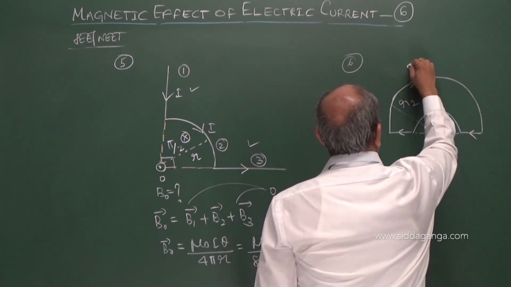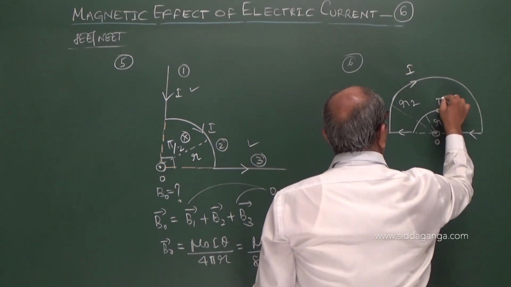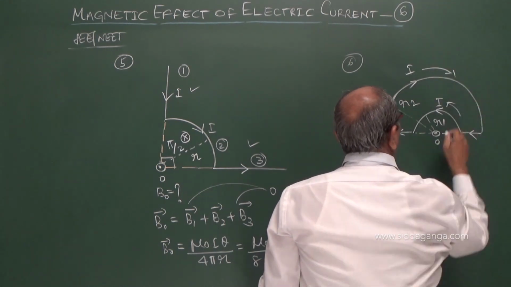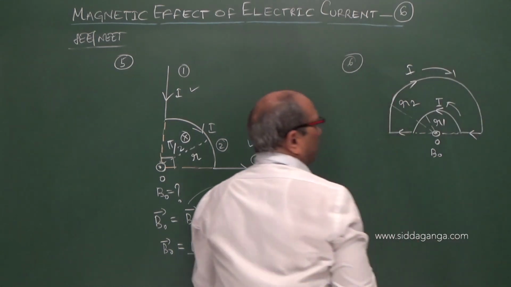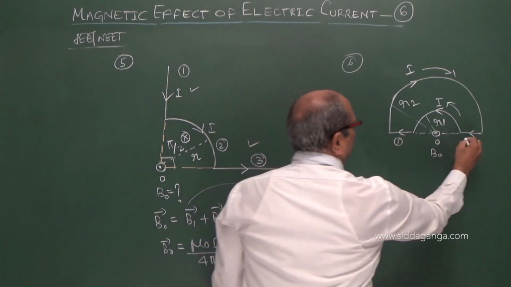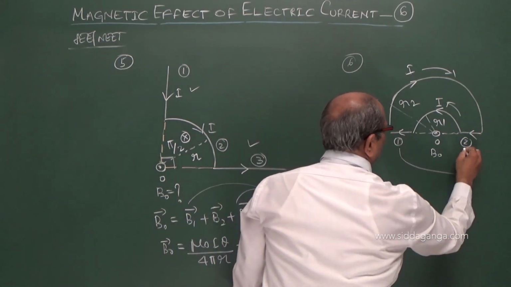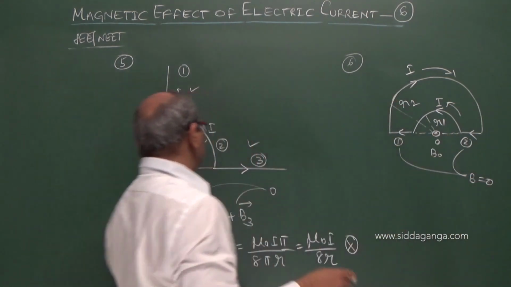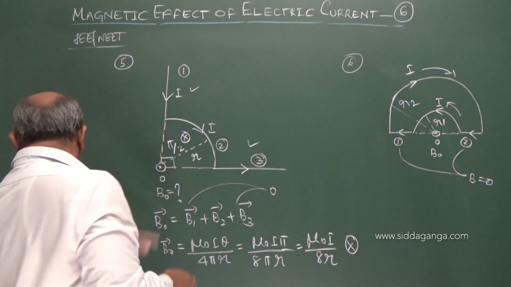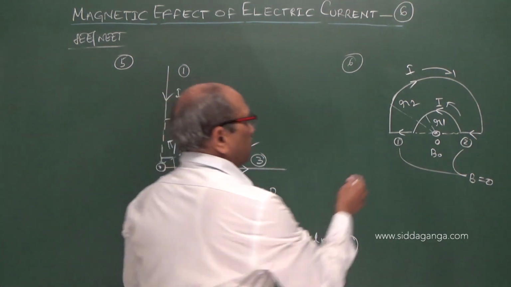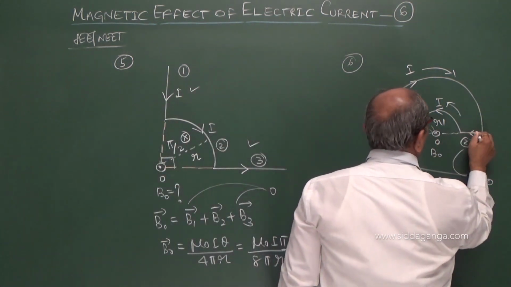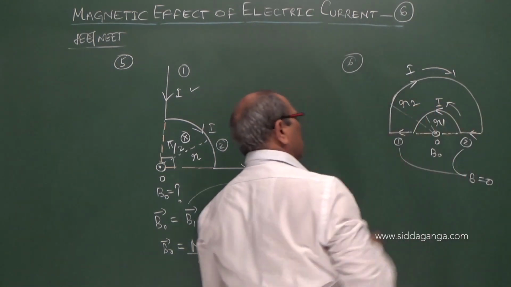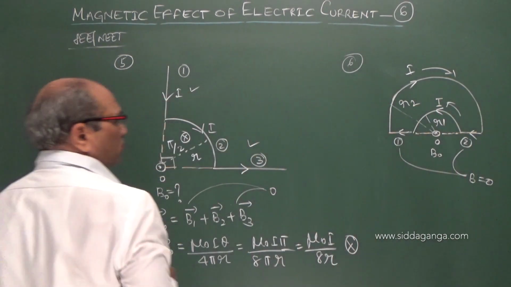Here it is clockwise, here it is anti-clockwise. Current like this and here. What is the field at B naught? One part, two part. For these two parts B is 0 because they are in line, as similarly shown in the previous case. This straight line portion of the wire is in line with the point, so it cannot produce a field. Only the semicircle can produce.